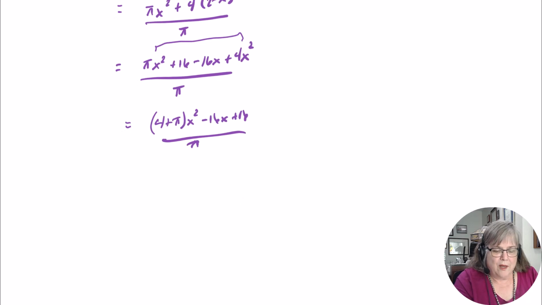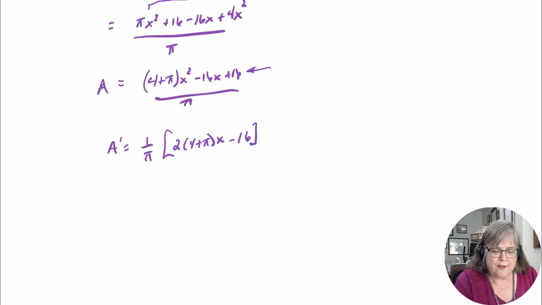So when you take the derivative of this, because we haven't done that yet, you can bring out the coefficient, the 1 over pi, and then you would take the derivative of just this right here. So you would bring down the 2. You would also have your 4 plus pi, leave the x alone, take 1 off, and it'd be a 1. Minus 16.